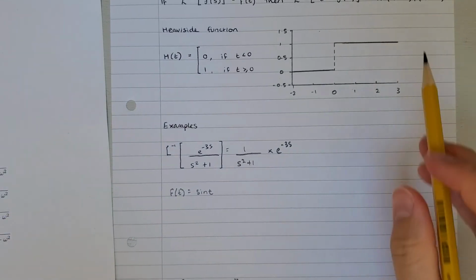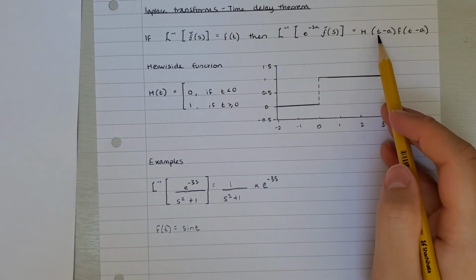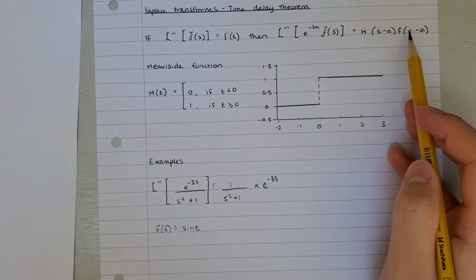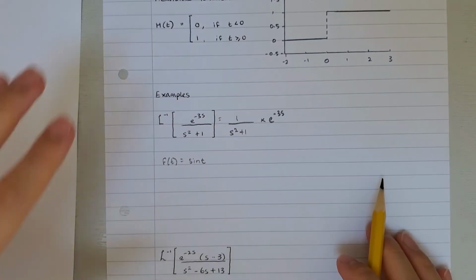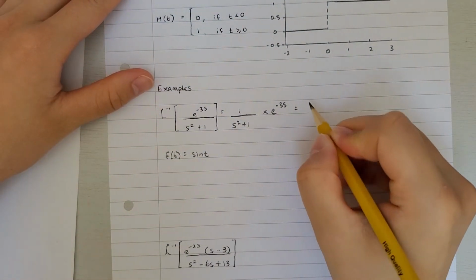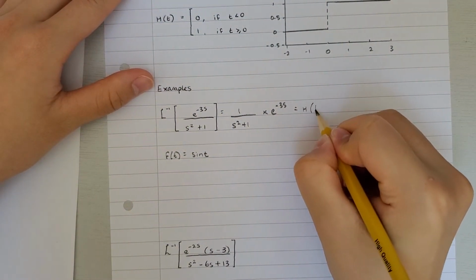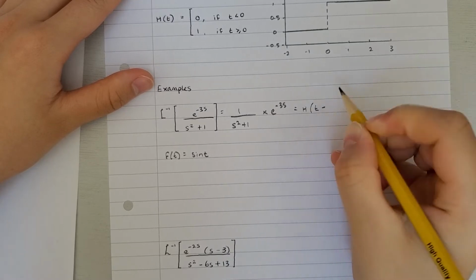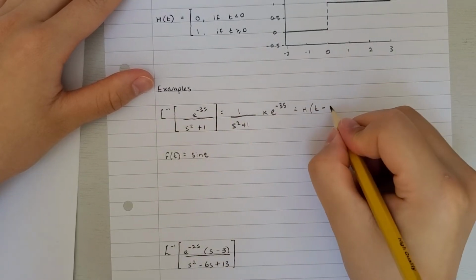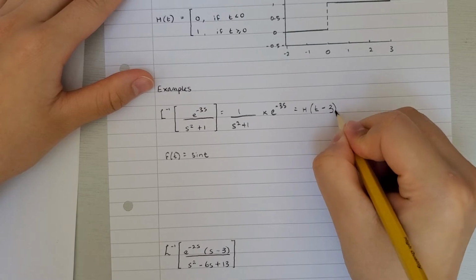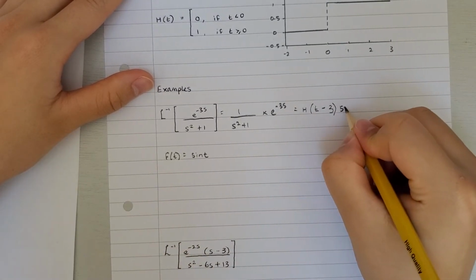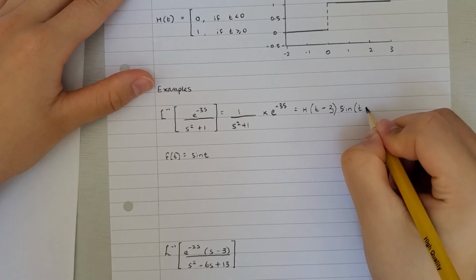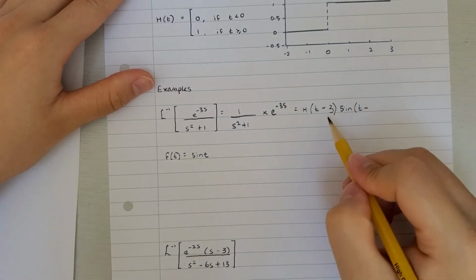With the Heaviside function, we need h(t minus a) and f(t minus a), where the a comes from this bit. So the inverse is h(t minus 3), and then the function, which is sine t, so sine of t minus 3.